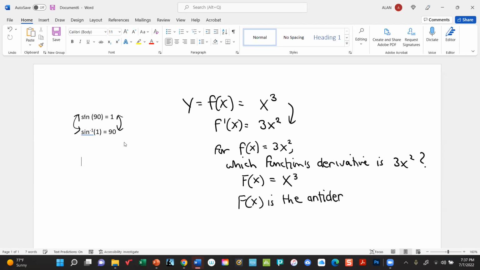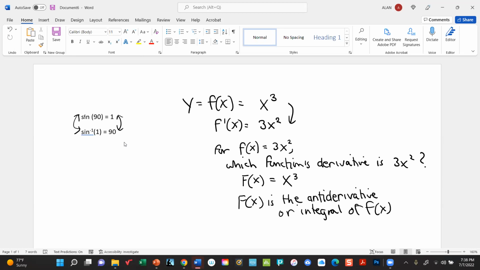It can either be called the antiderivative or integral of f of x. Well, anyway, so this is where we're headed.